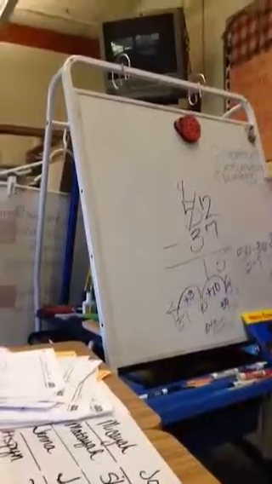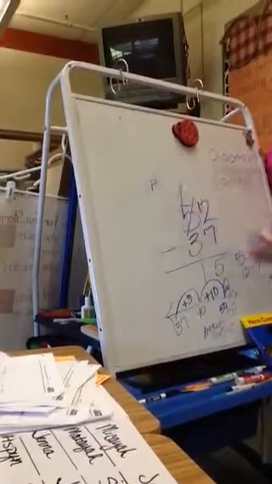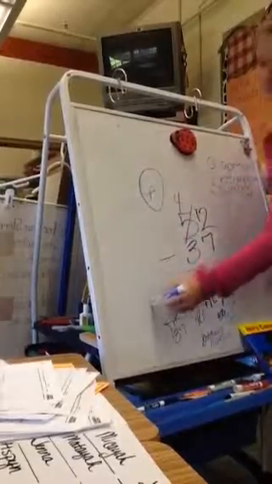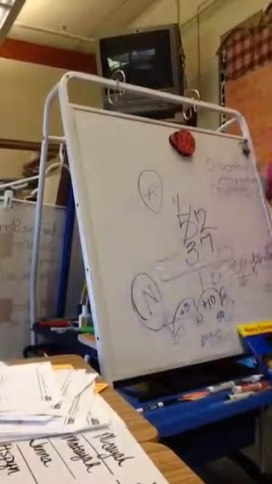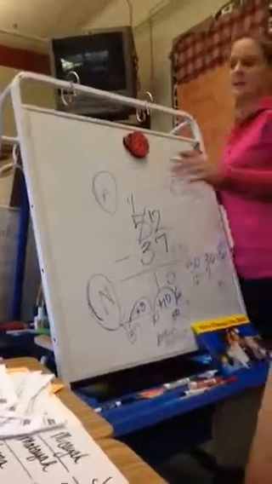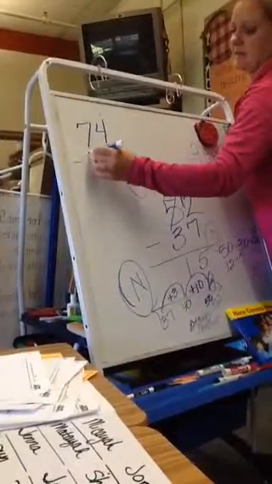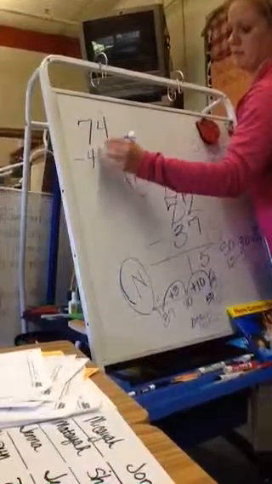You could choose the algorithm way, the decomposing way, or the number line way. Any of them are fine. Here is your problem. Ready? 74 minus 46. Go ahead.